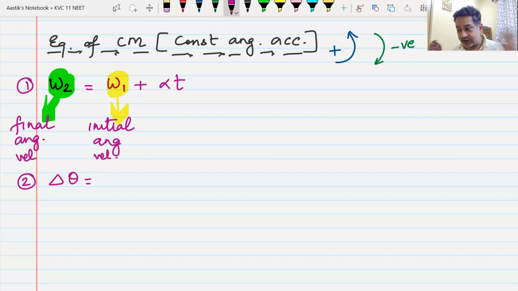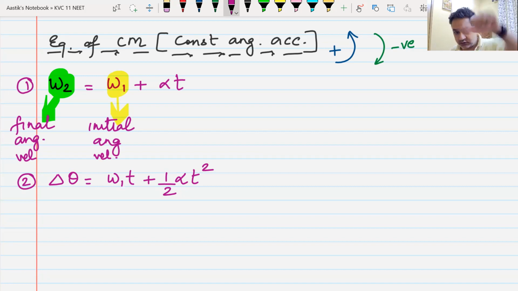So this is a revision of what we are doing. Delta theta, which is angular displacement, will be equal to omega 1 into t plus half alpha t square. Does this equation remind you of something?